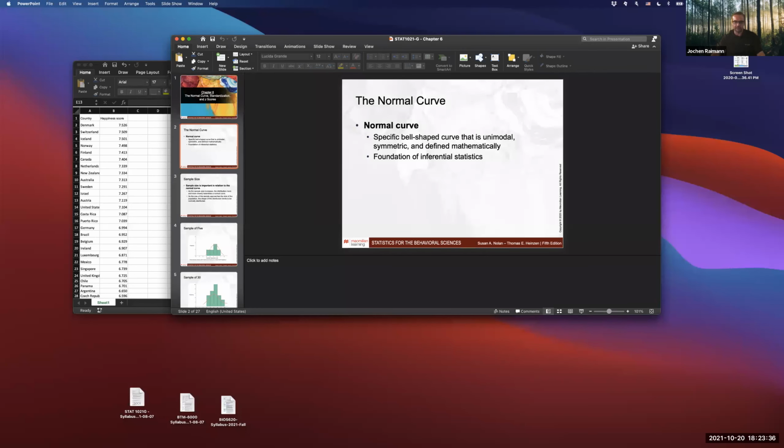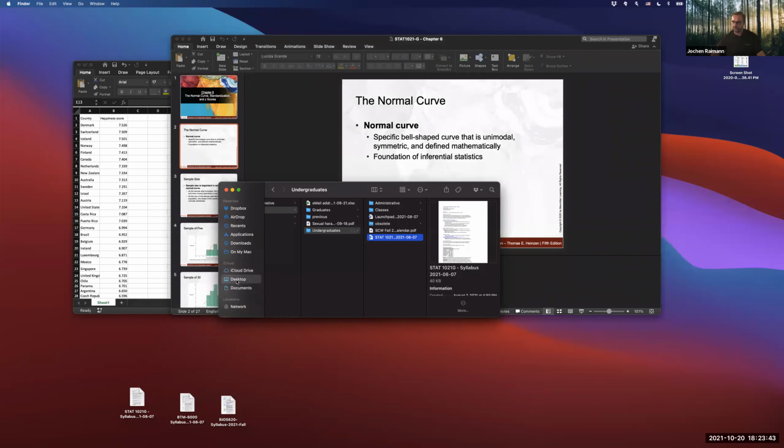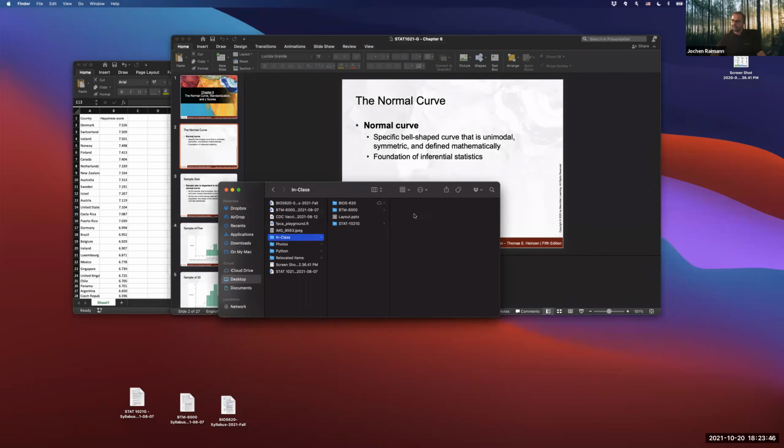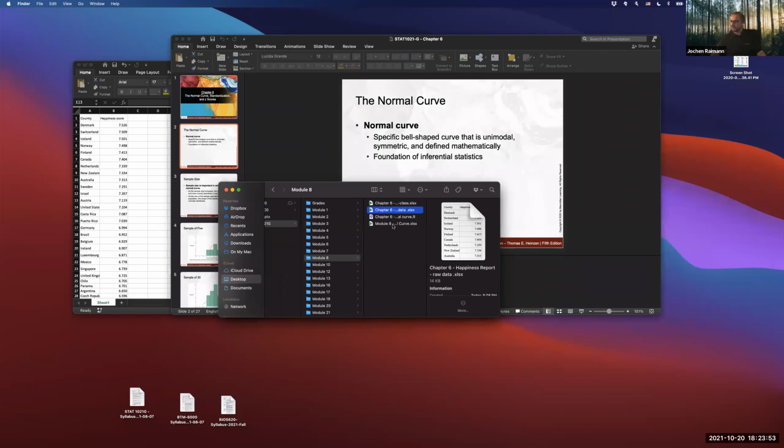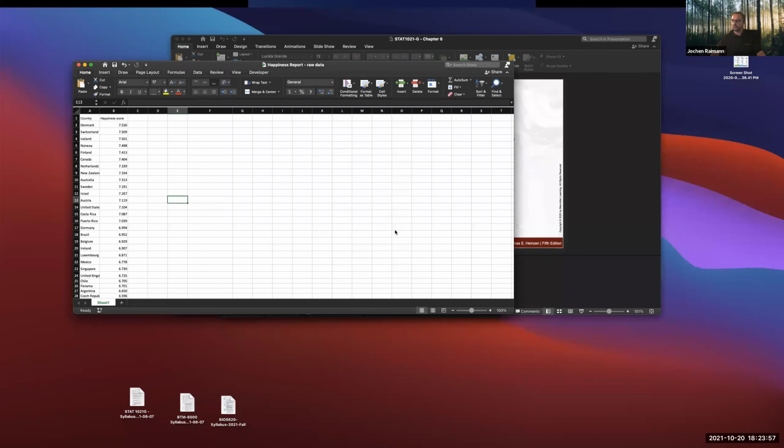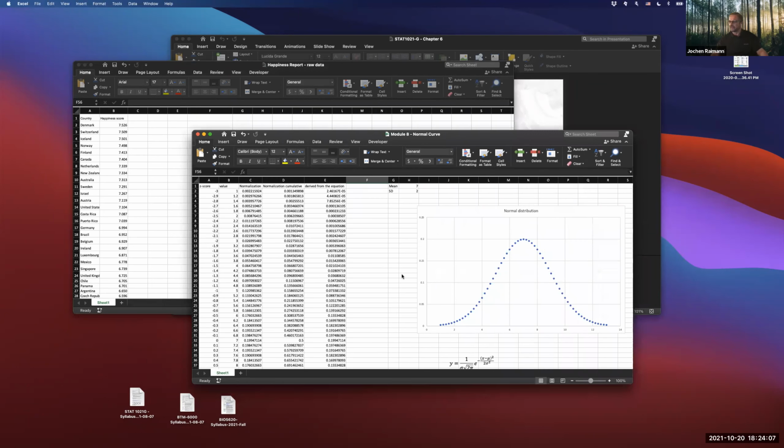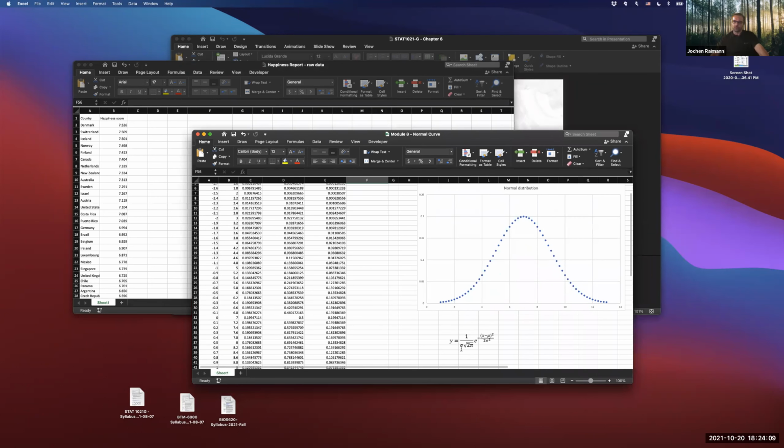For this very reason, I have prepared a little Excel spreadsheet, and you have this all on your module. This is something I specifically wanted to show you because it took me quite a while to actually understand all of this in detail. I was not sure I understood before that you can actually mathematically define the normal curve.